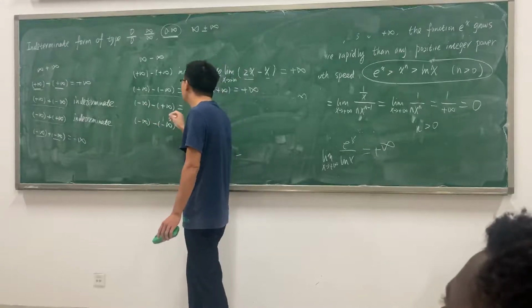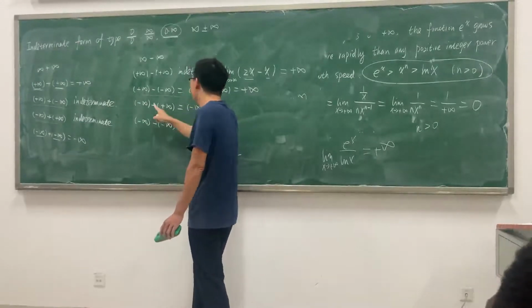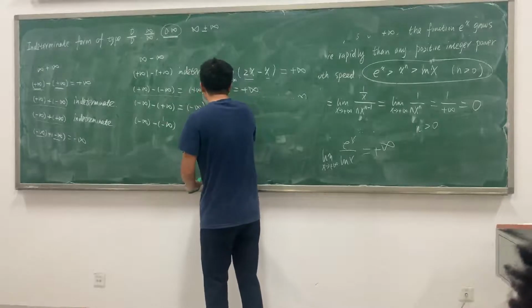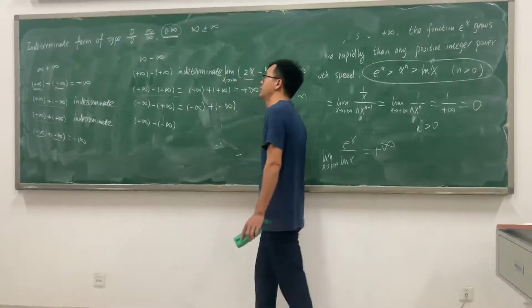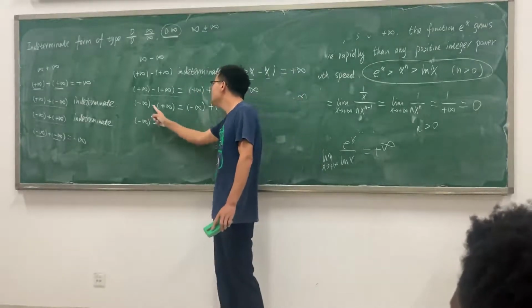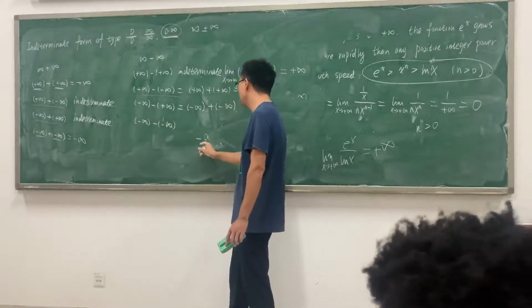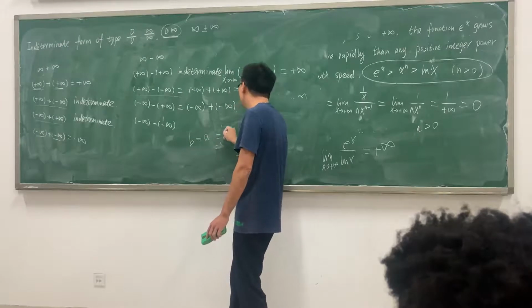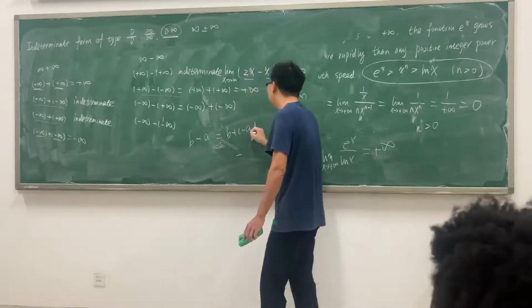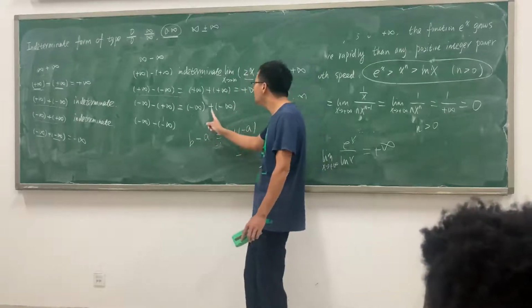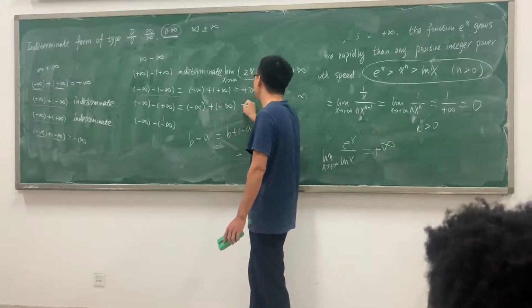We can write minus infinity as plus minus infinity, because b minus a equals b plus minus a. So here is minus infinity.